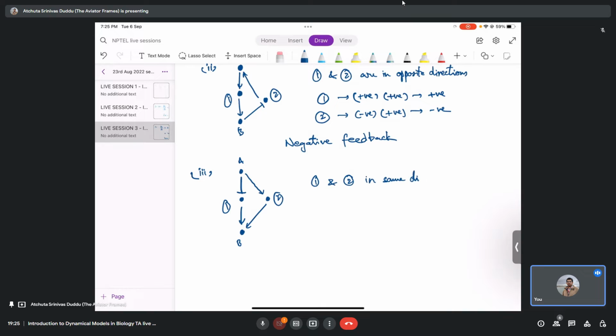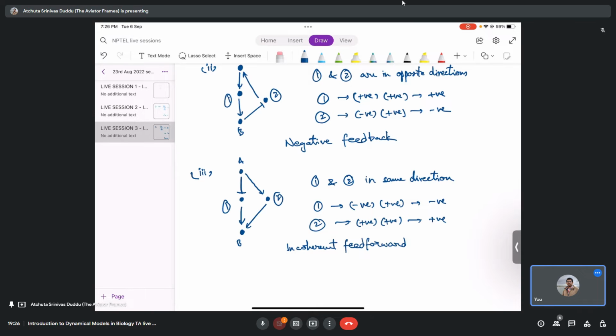So this is a feed forward motif, but for the signs, 1 is negative times positive, which would be negative, and 2 is positive times positive, which is positive. So it's an incoherent feed forward loop network. Incoherent feed forward.